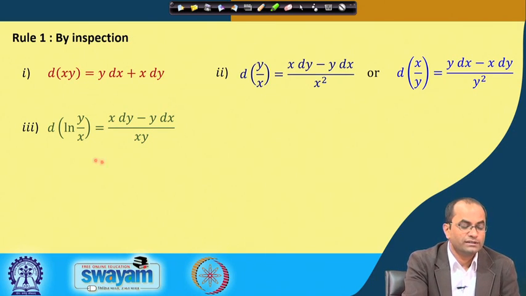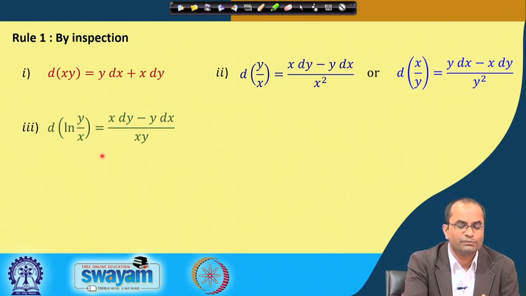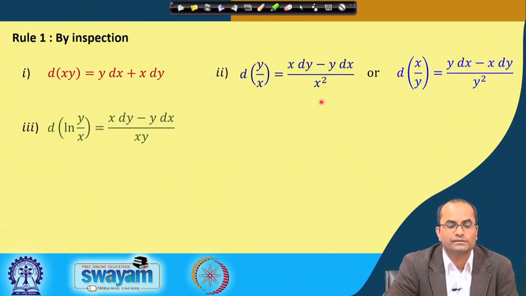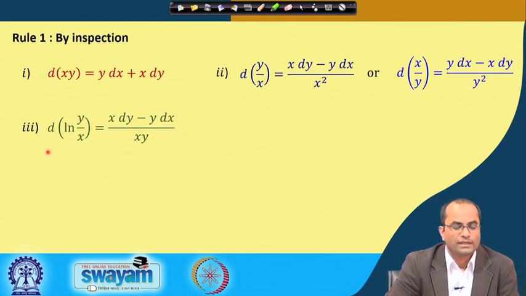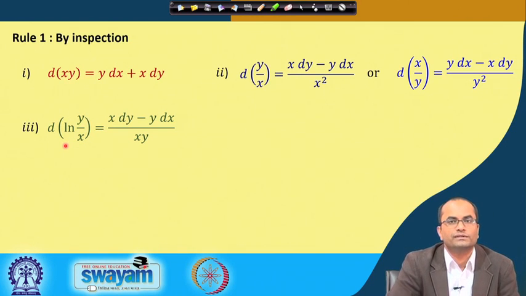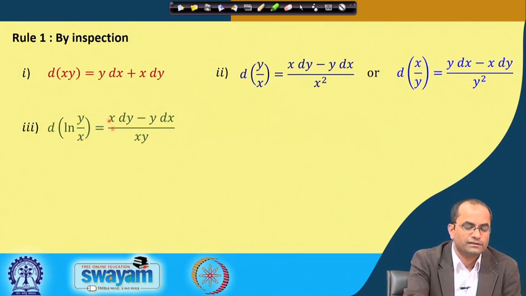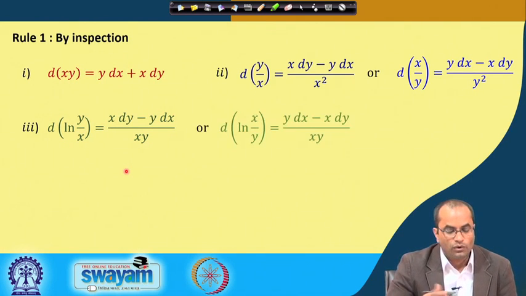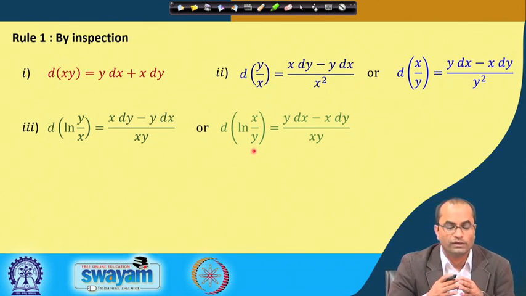This is the differential of the logarithm of y over x, which we can prove like we have done for the previous case, using the definition of the differential, getting the partial derivative of ln y over x with respect to x and with respect to y. We can also discuss the differential of the logarithm of x over y.